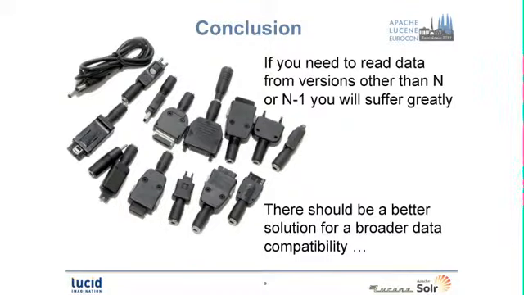Even higher is the cost of broader backwards compatibility and forward compatibility. As I said, there is no forward compatibility in Lucene. You simply are not able to read new data created with new versions using older versions of the library. Is there some conclusion that we can draw from this? Well, you should be prepared to suffer if you want to keep this old data around.